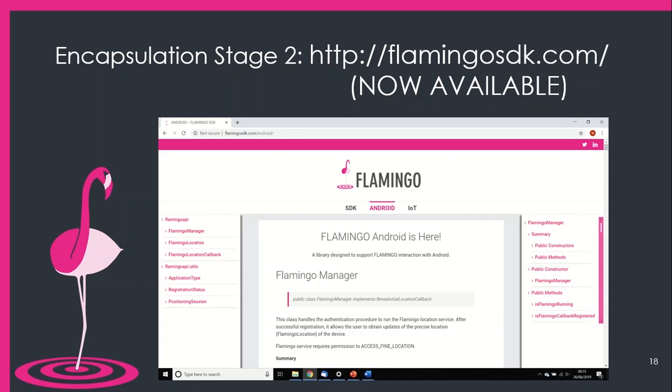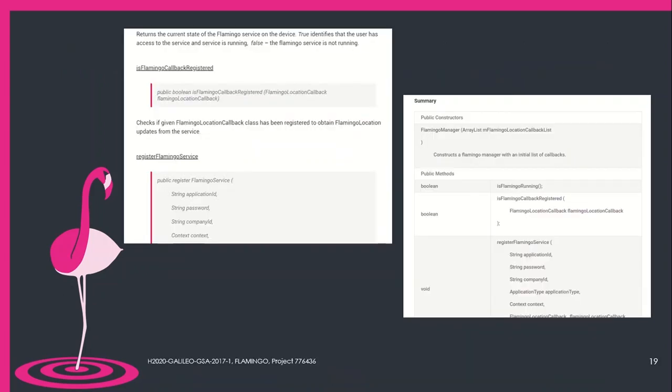As illustrated in that video, it's exactly like Android location, so it provides the most simplistic modification that you need to get more accurate locations compared to Google Android. There's instructions on here, different methods, register the Flamingo service, so you can get access to the raw measurements and then just call a location.